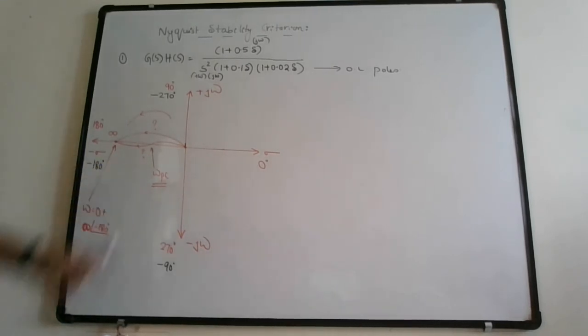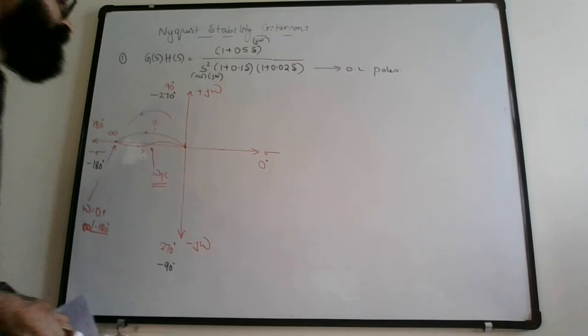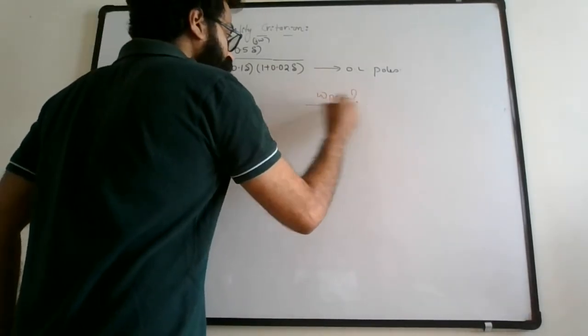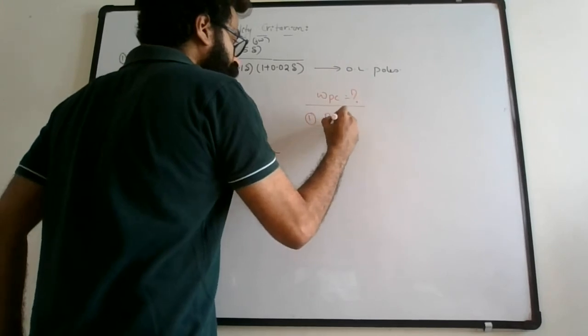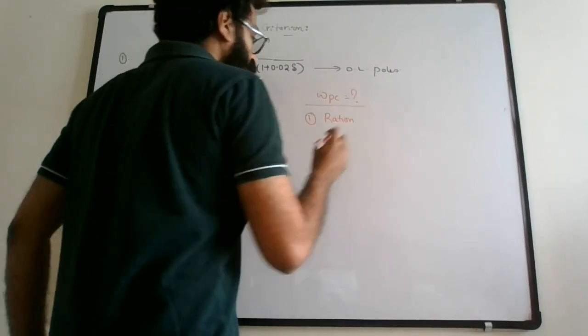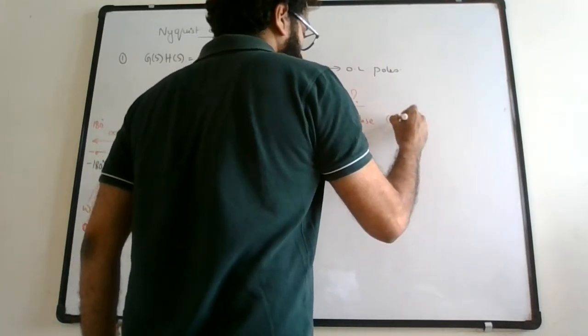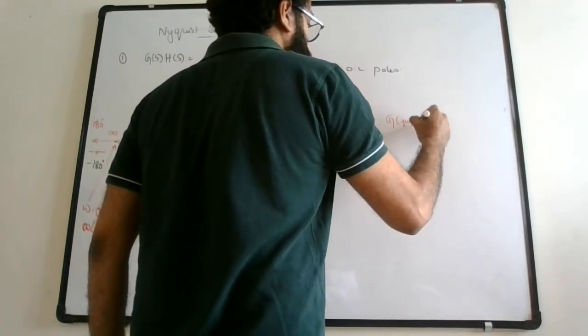So let's try finding out the omega PC. Is this system having any omega PC or not? Now, how will you find omega PC? To find omega PC, you have to rationalize g of j omega into h of j omega.